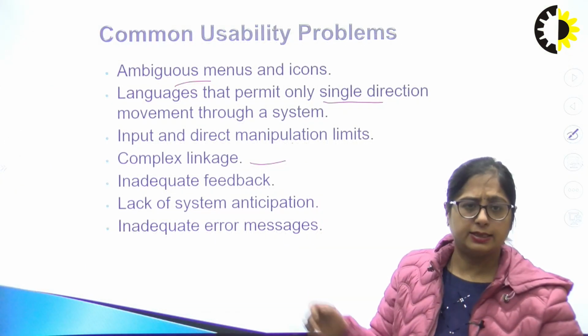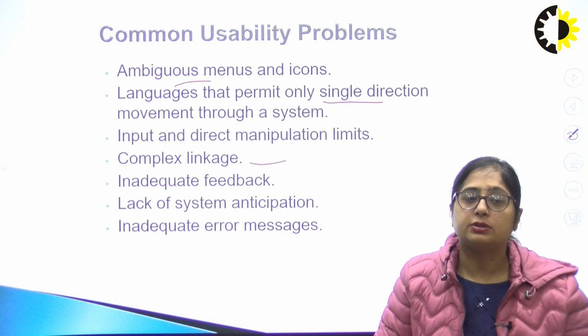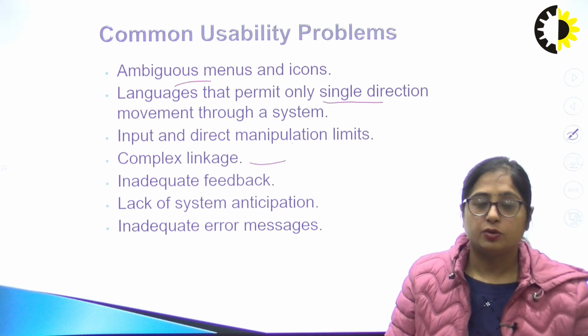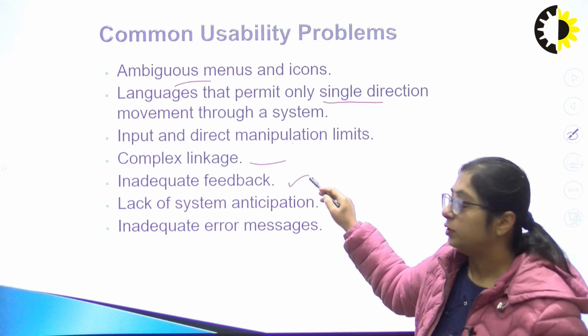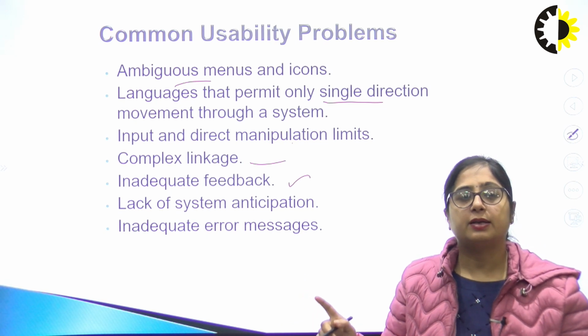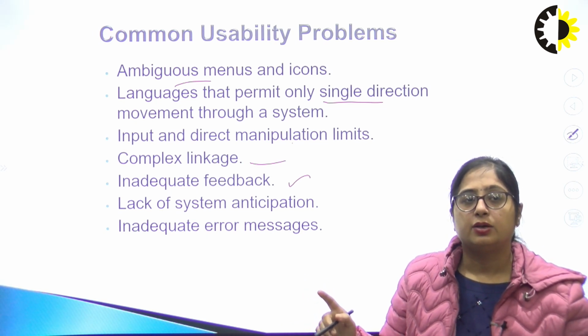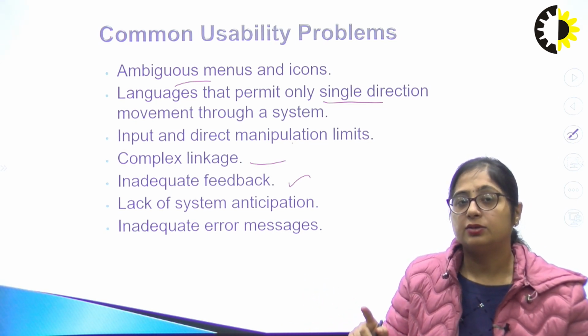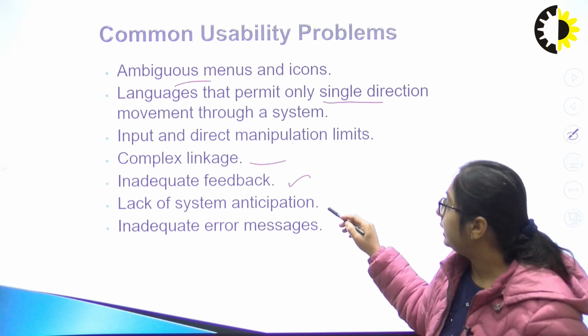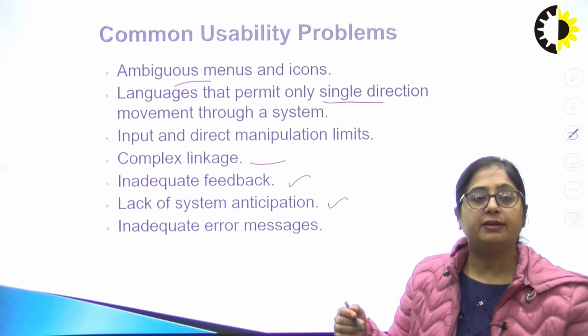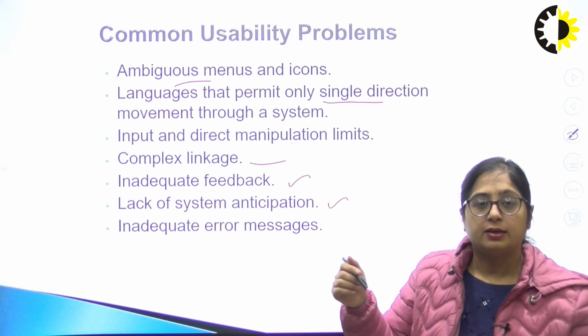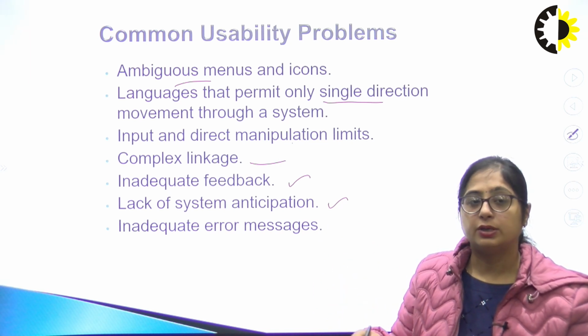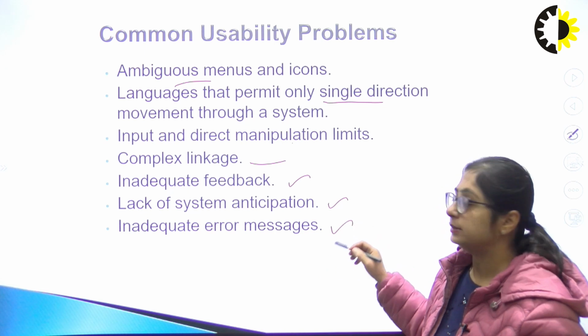Complex linkage that users are not able to understand, so they don't know how to navigate your product. Inadequate feedback. If there is a lack of feedback, that is a usability problem. Lack of system anticipation, where you don't anticipate the users, and inadequate error messages.